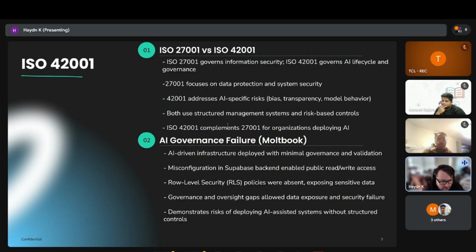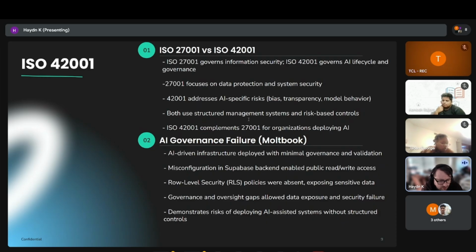A.6, AI system lifecycle. This defines the requirements and conducts verification and validation prior to deployment. And the failure here was backend configuration lacked security validation, which resulted in public database exposure and absence of RLS controls.